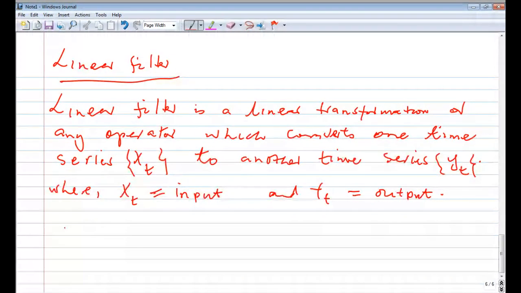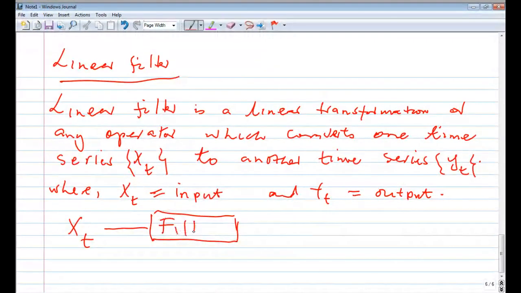In other words, you have a time series called xt. You put it inside a filter. This is a filter. Then it produces another time series called yt. So xt is the input while yt is the output.